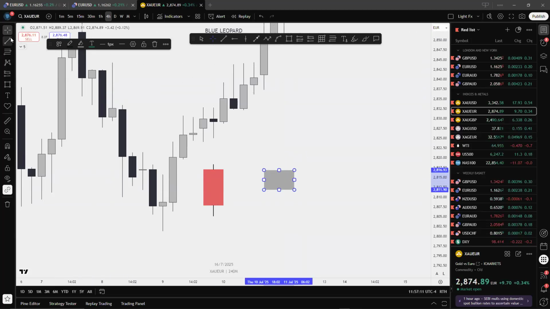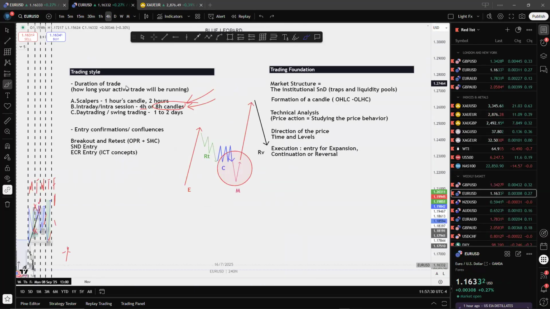If you are predicting an H1 candle, it means your trade will last less than an H8. Then if someone else is trading a daily candle, his trade will last more hours. You understand? So the duration of your trade will define your style.